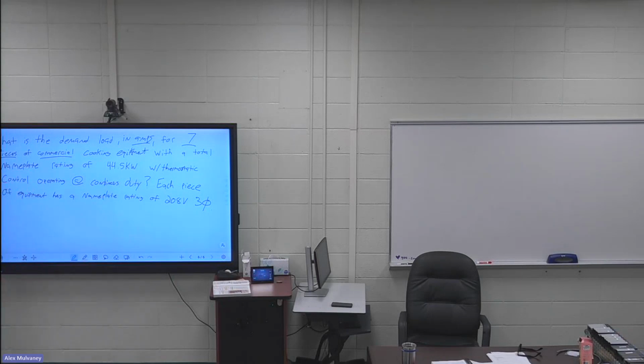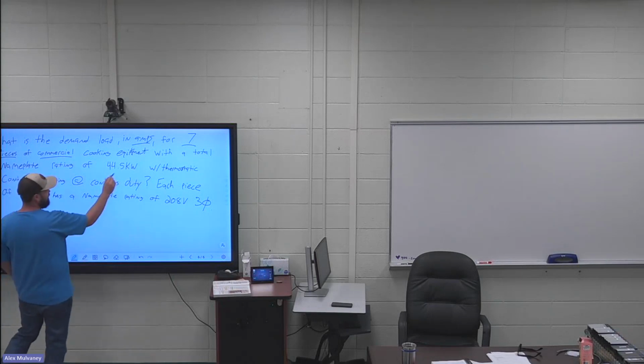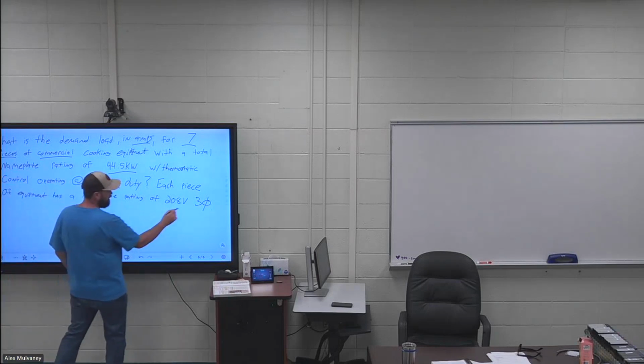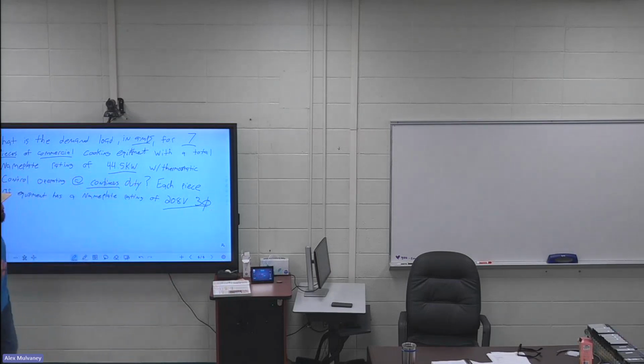And then the next thing, 44.5. And then continuous duty, nameplate rating. So this is how my mind works whenever I'm going through one of these questions. I pick out the more important pieces of information out of my question.